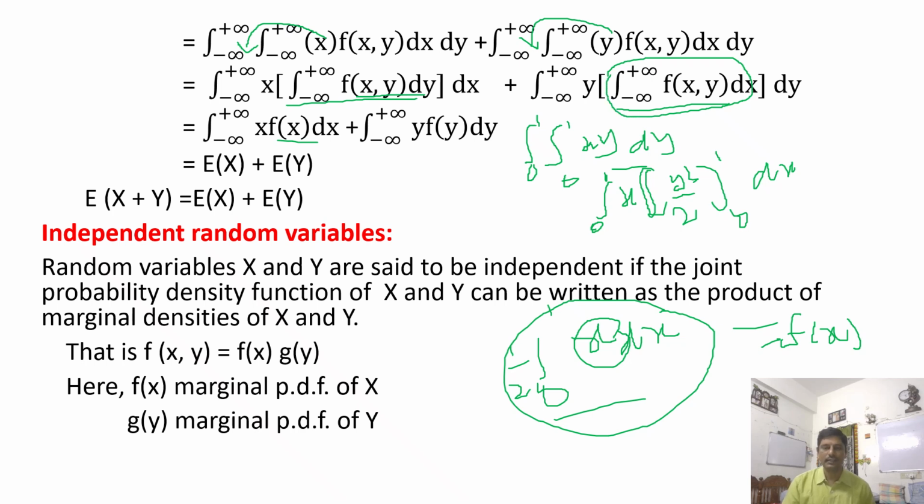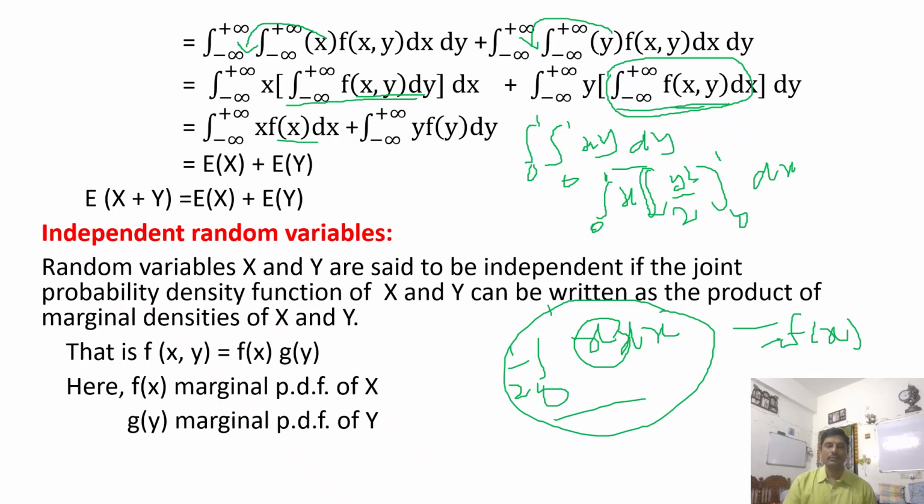So we are writing here f of y into dy. Clear? So the integration of f of xy with respect to x changes f of xy into only an f of y function. That means the opposite: the integration with respect to y changes f of xy into only an x function. So we are writing f of x.